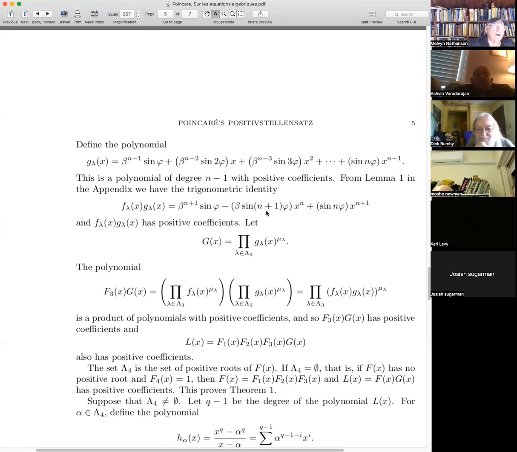Sine n plus 1 phi is either 0 or negative, so this coefficient is either 0 or positive. So f lambda g lambda has positive coefficients. And if you take all of the g lambdas and raise g lambda to the multiplicity of lambda and multiply this together, this is a product of polynomials with positive coefficients. So g of x has positive coefficients.